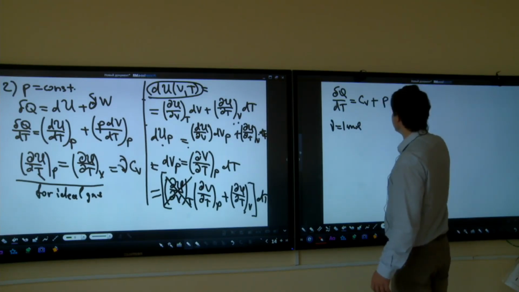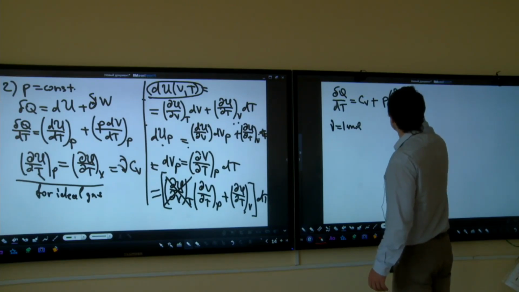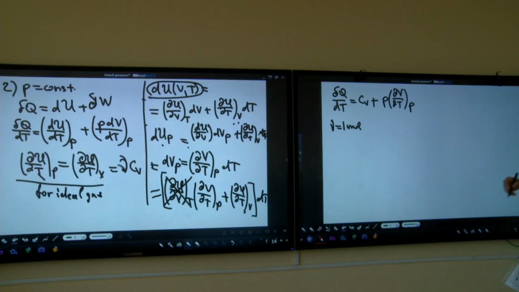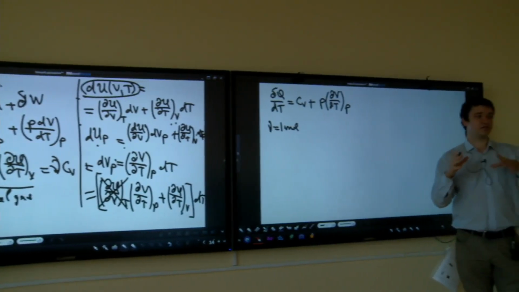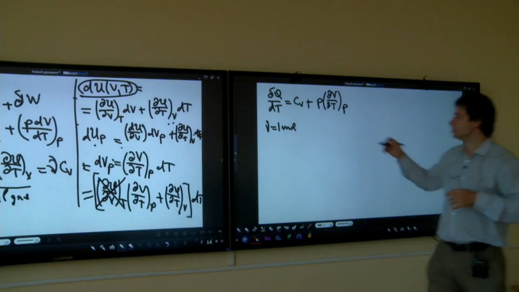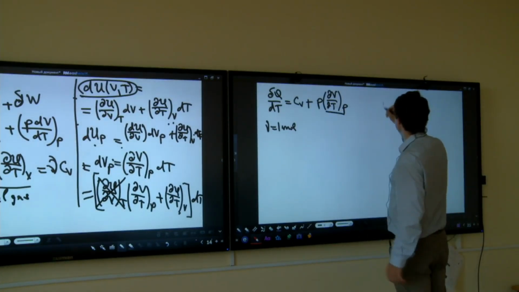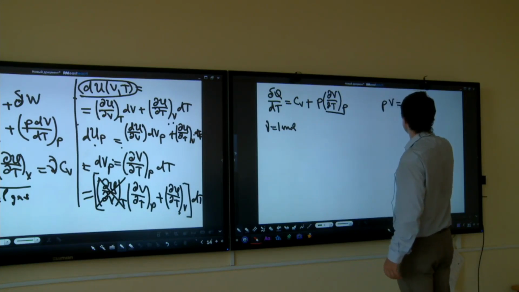So here goes P and the partial derivative dV over dt at the constant pressure. I have 3 variables: pressure, volume, temperature. They are connected via the thermal equation of state. So I can determine this one. PV equals RT for 1 mole.